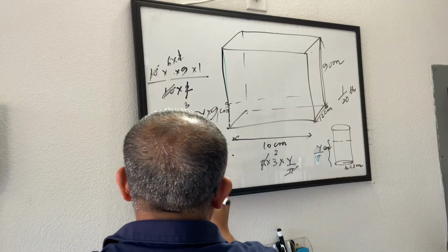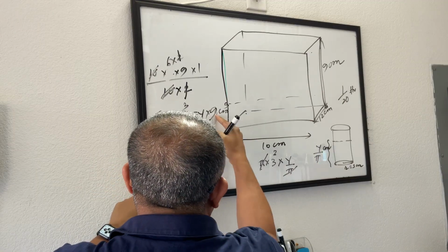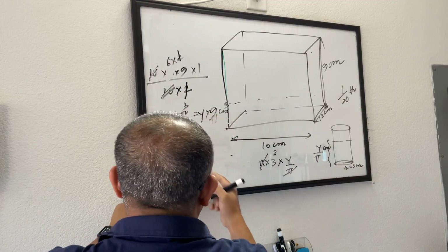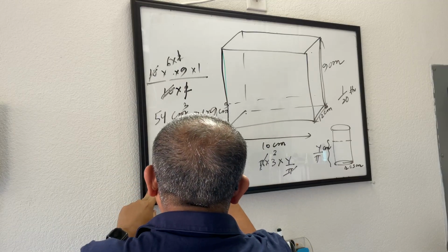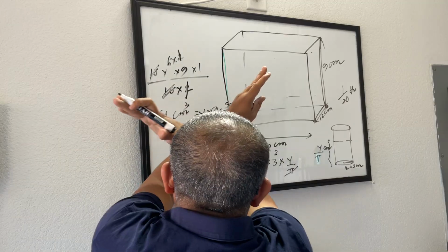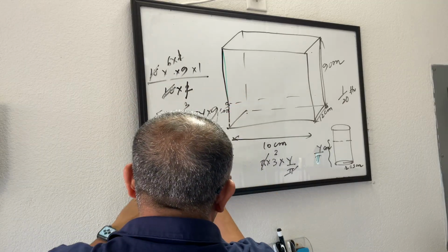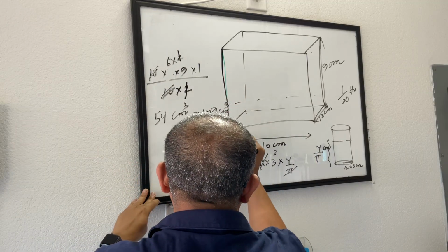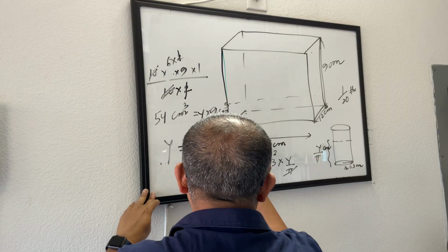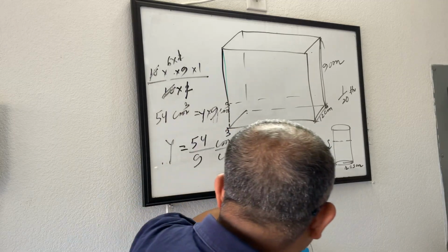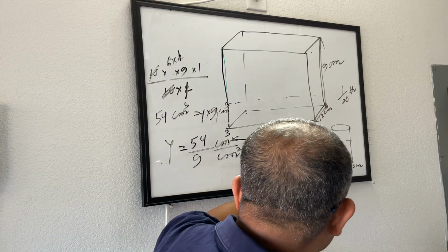So basically, y equals, I'll get the 9 here and centimeter cube here. So 54, it goes like this, right? So this 9 will come down and then centimeter cube by centimeter square.